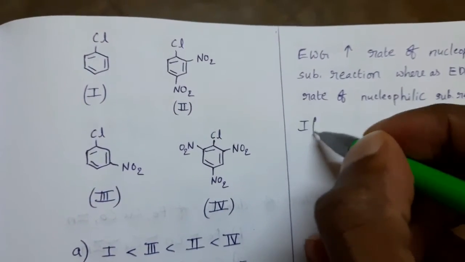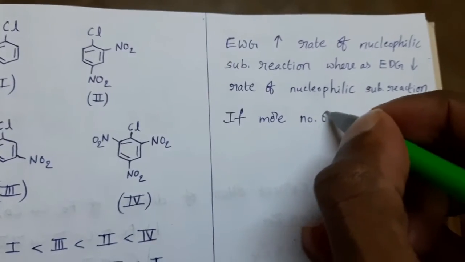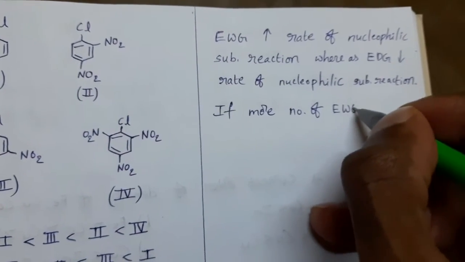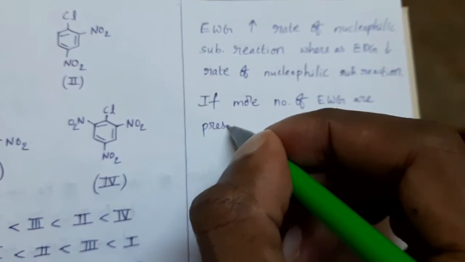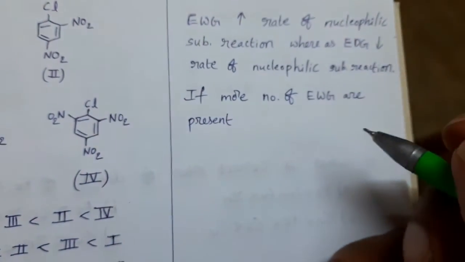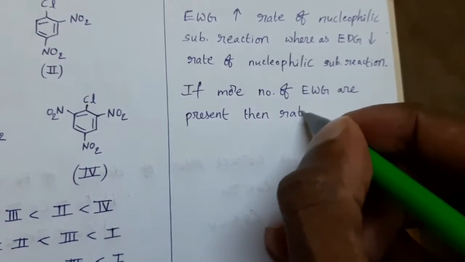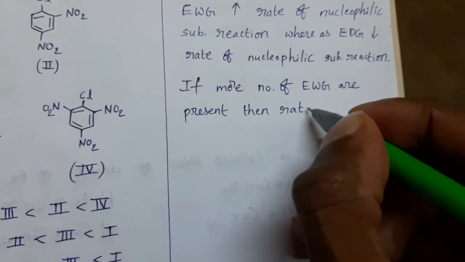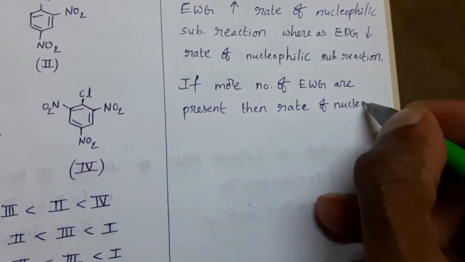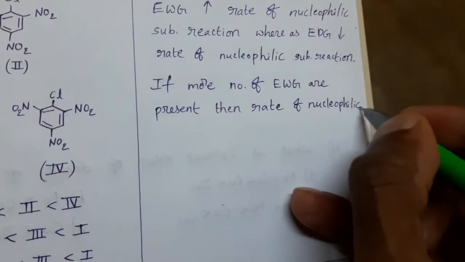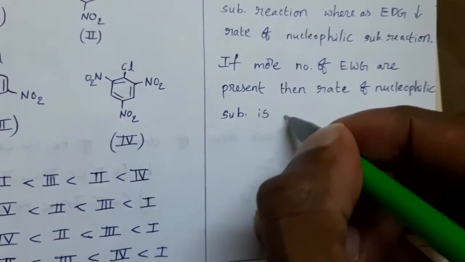Another point is, if more number of electron withdrawing groups are present, then the rate of nucleophilic substitution is also more.